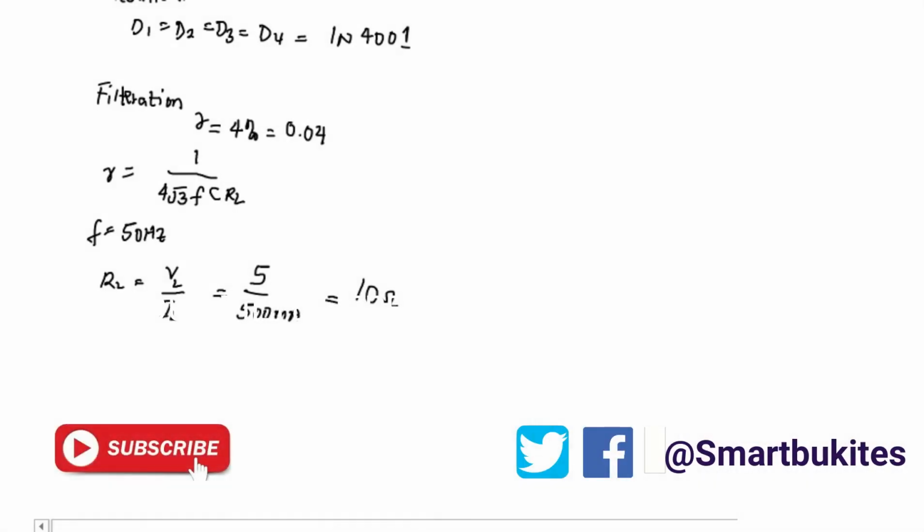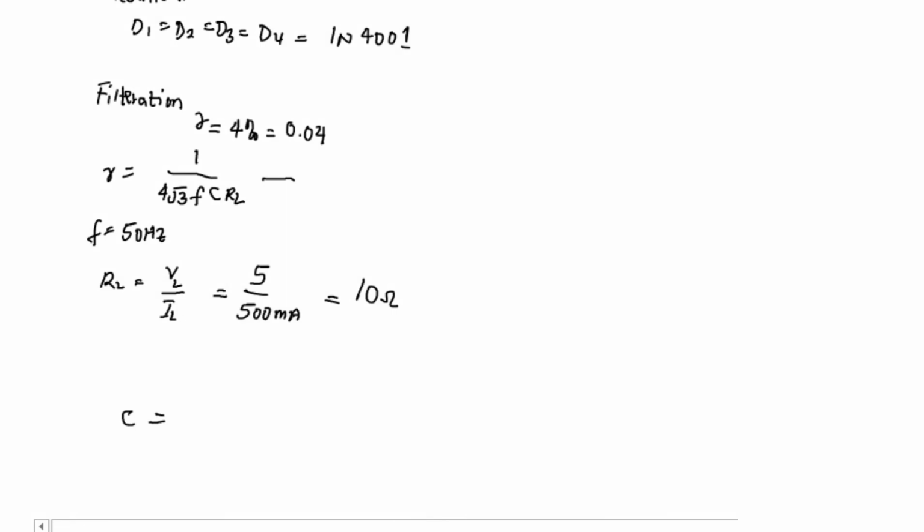From this equation here, if we make C the subject of the formula, we have C equals 1/(4√3 F RL gamma), which is 1/(4√3 times 50 times 10 times 0.04).